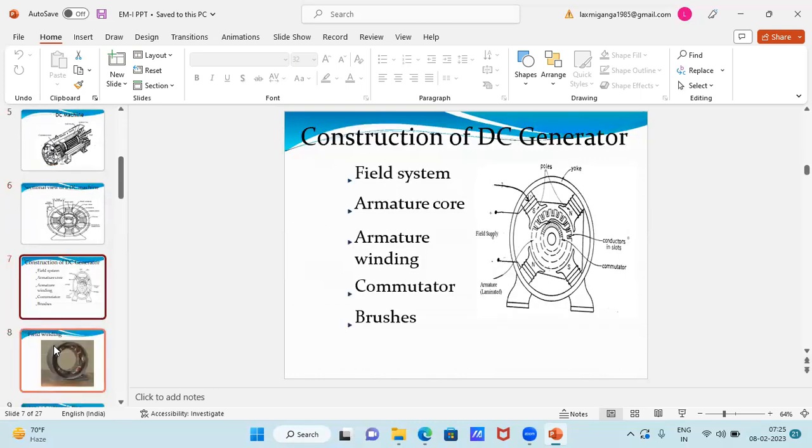The construction of a DC machine mainly contains the following parts: field system, armature core, armature winding, commutator, and brushes.